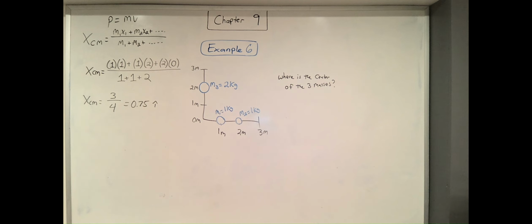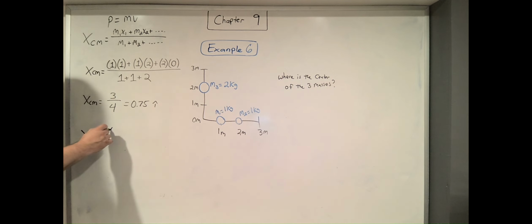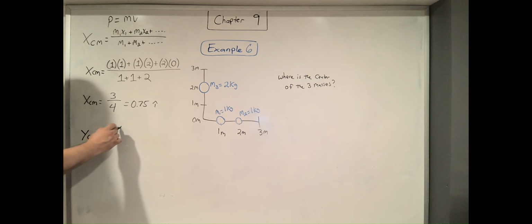Now this is only in the x direction. I have found half of my problem. I have found out where in the x-axis the center of mass lies. But this is two-dimensional. I also need to do this for the y dimension. So let me do it again for the y center of mass. All I have to do is do it all over again. Mass 1 is still 1, but the y position is 0.